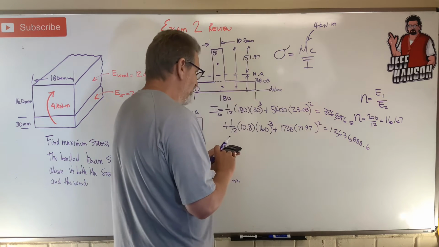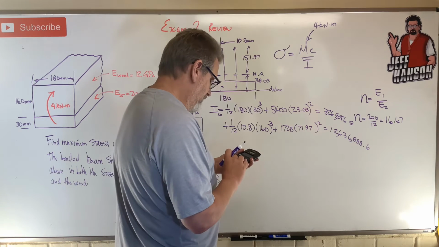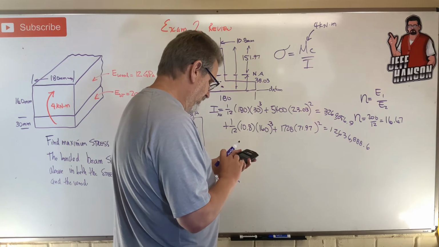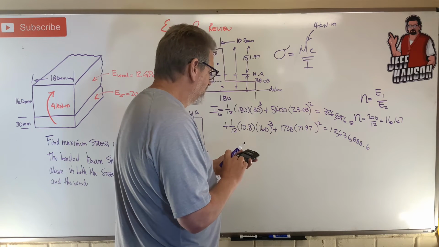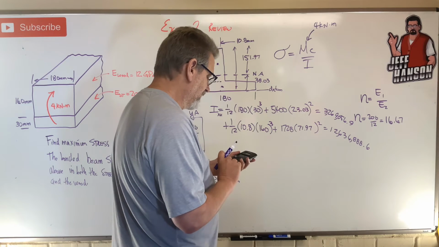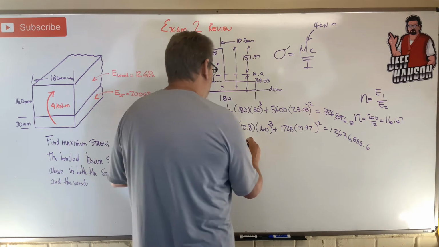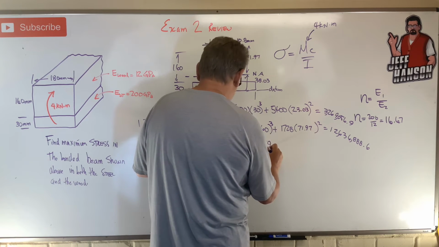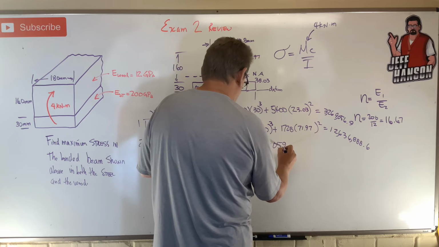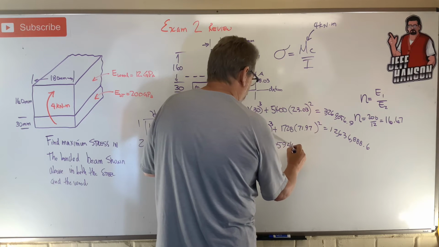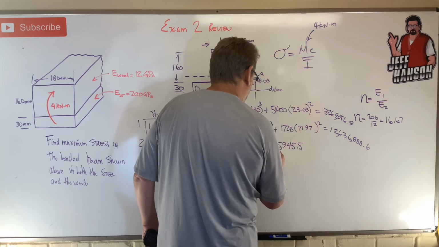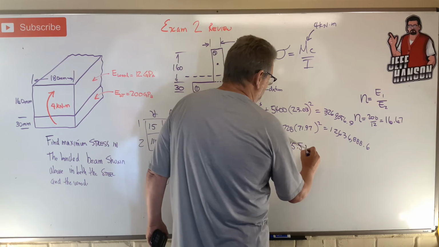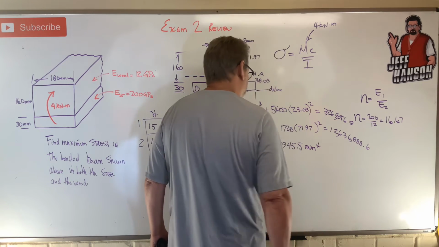Okay, and then plus 3,269,056.9 equals. Okay, so I is 15,905,945.5. 15 million, what? Millimeters to the fourth, okay?